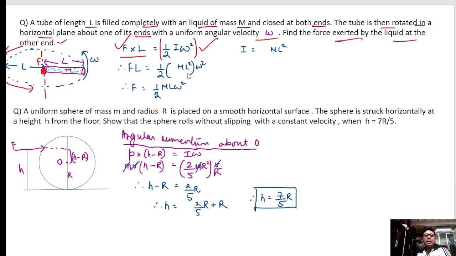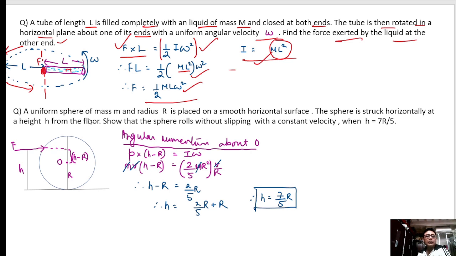So from here, I is mL square. The moment of inertia is m into L square, because it is rotated about the axis, and from the axis the length is L. So put the moment of inertia. So we get the force acting on the other end.